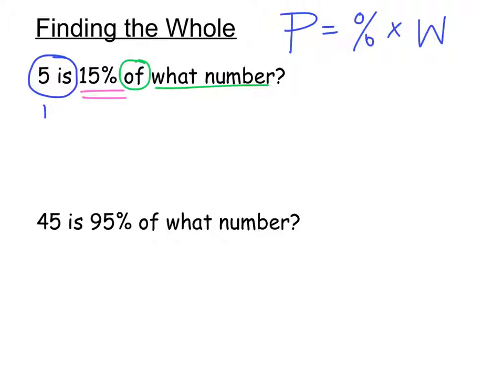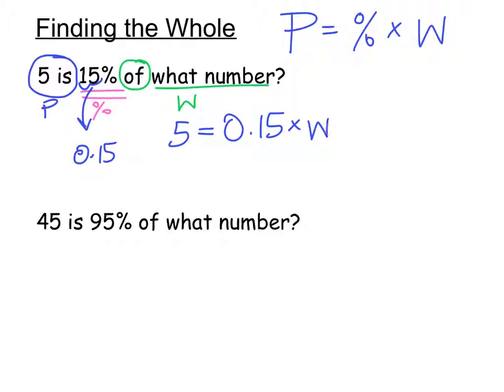So is my part, that's my percent, obviously the 15, and then of what number, that's the whole, and that's what I'm missing. So if I plug this into my equation, I have 5 equals, now remember 15% as a decimal is 0.15, so 0.15 times the whole that I do not know.